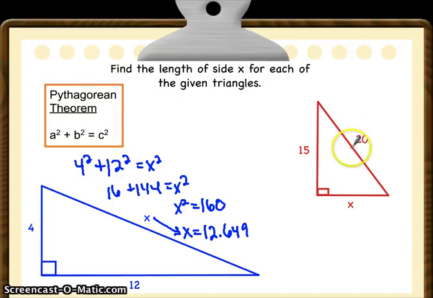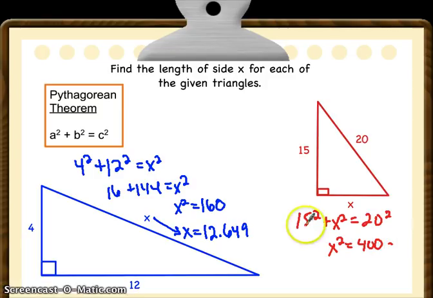Now, the one thing you want to be careful of is what information they give you. Again, 20 on the red triangle is our hypotenuse. It is opposite that 90-degree angle. Therefore, we're going to set it up a little bit differently. 15 is a leg, but so is x. So this time we're solving for one of the legs. So x squared will be equal to 400 minus our 15 squared, which is 225.